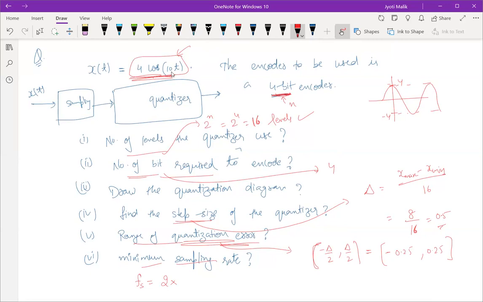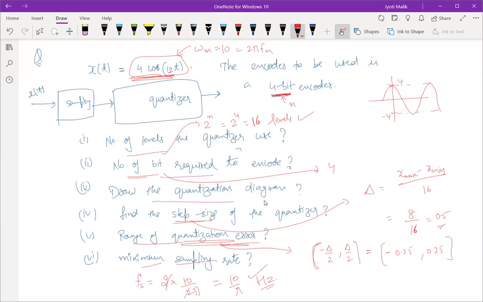Here it is cos omega t, so omega m is given to you as 10. Omega m is 2 pi Fm, so Fm will be 10 over 2 pi, so this is 5 by pi hertz, about 1.6 hertz.